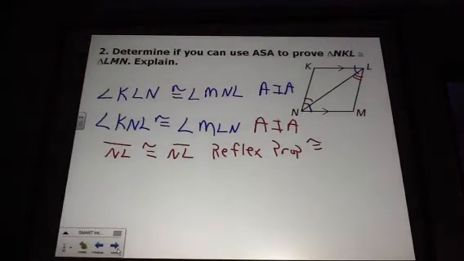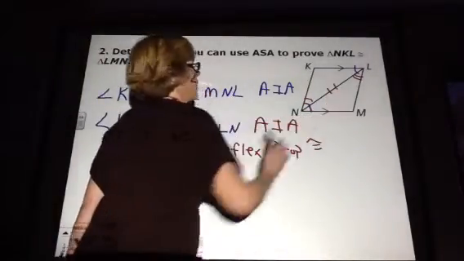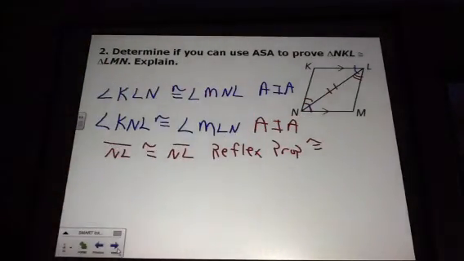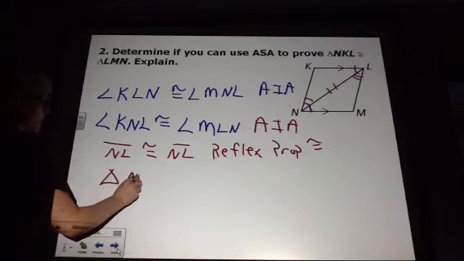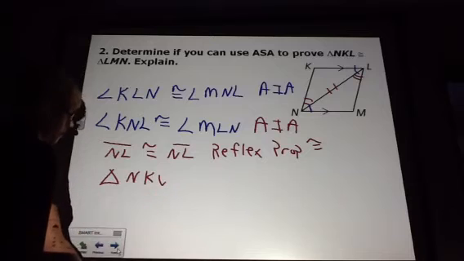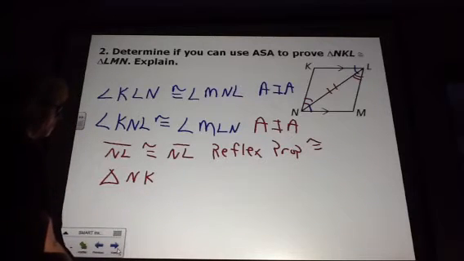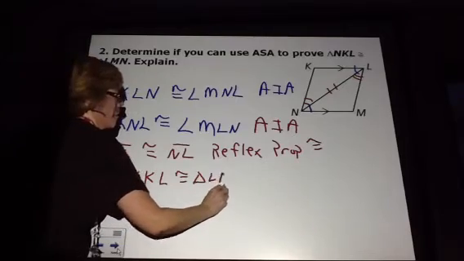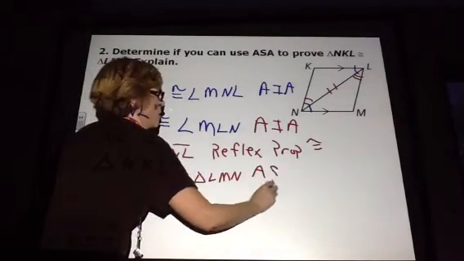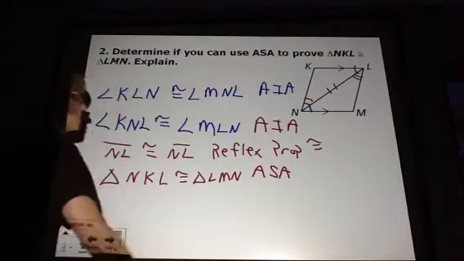Reflexive property. The side is this side right here. It is the included side. So we can write our congruency statement and say that these triangles are congruent because of angle-side-angle.